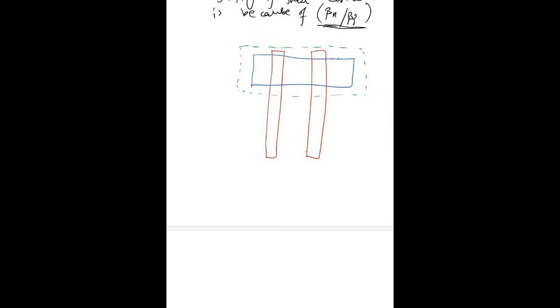Let me draw the PMOS with a different color. The width of the PMOS is different, and we have the input and output connections.